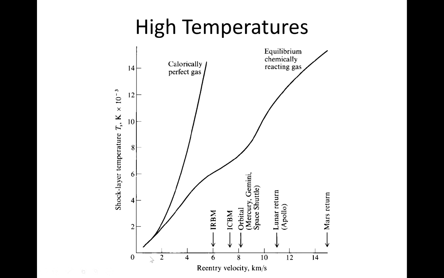At low Mach number, we can assume a calorically perfect gas. That means we can use T0 equal to T times 1 plus gamma minus 1 over 2 times Mach squared. Cp times T0 equal to Cp times T plus V squared over 2. We can assume the Cp is a constant.